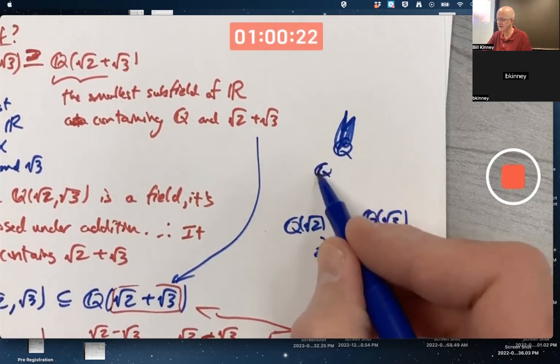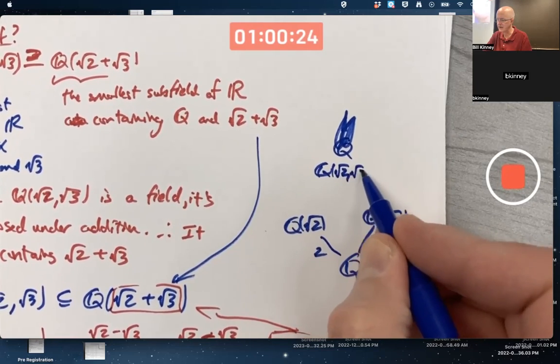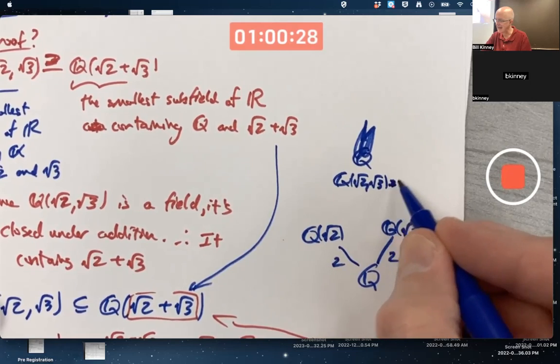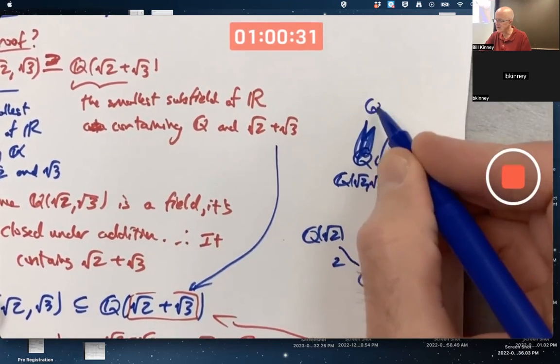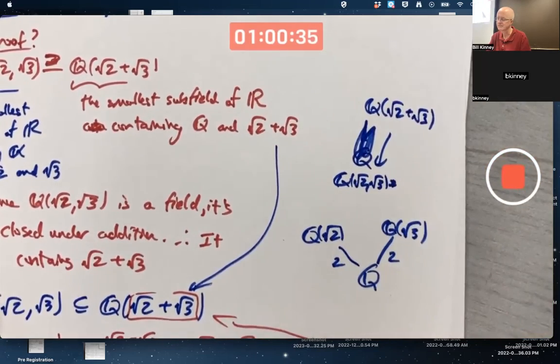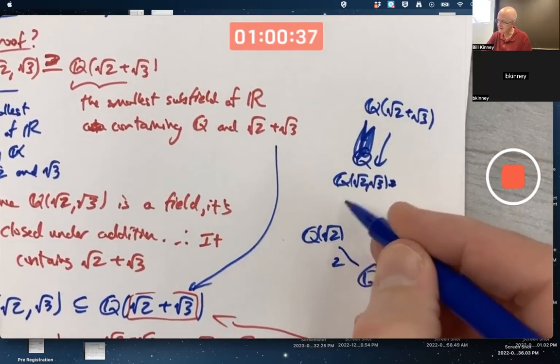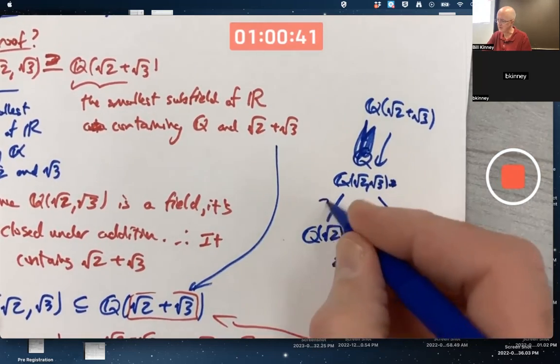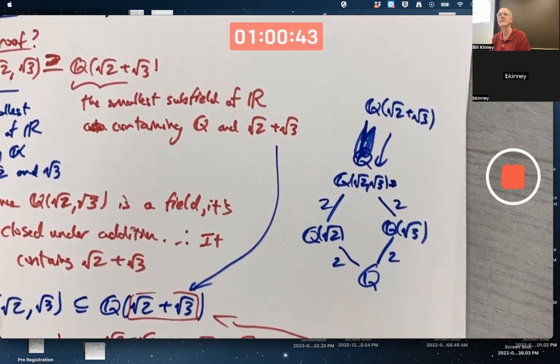Q adjoin square root of 2 comma square root of 3, which we've just verified is the same as Q adjoin square root of 2 plus square root of 3, is a field extension of both of these. And it turns out it has degree 2 in both cases.